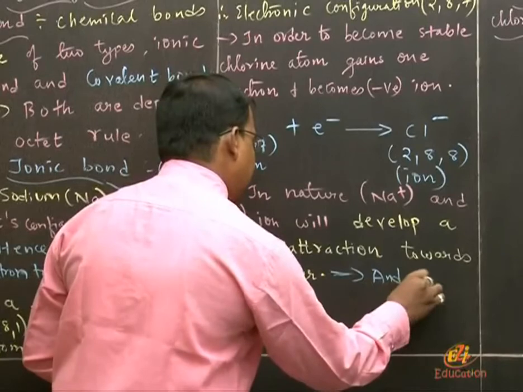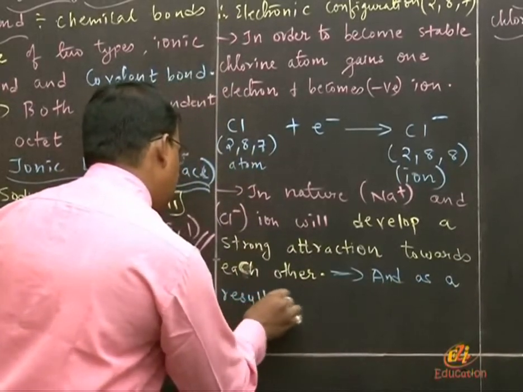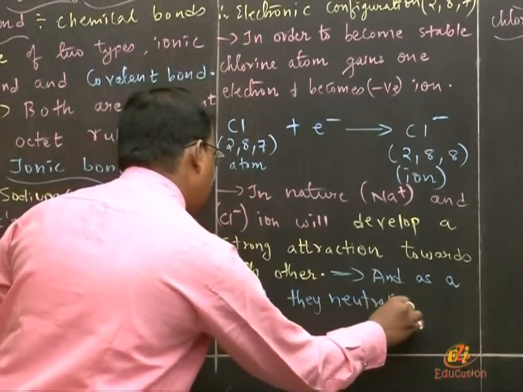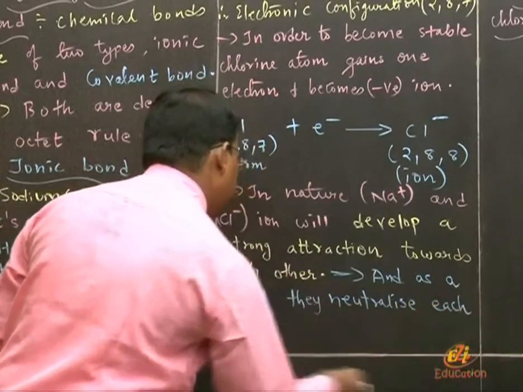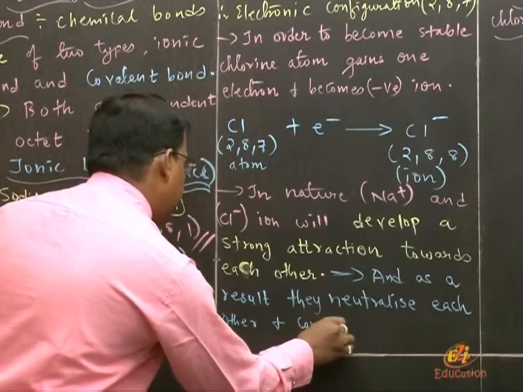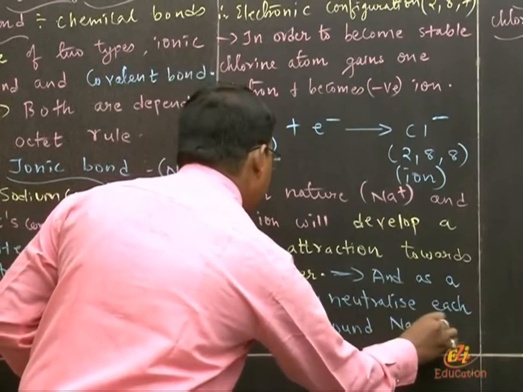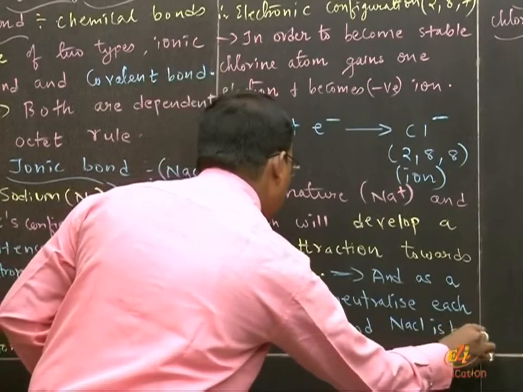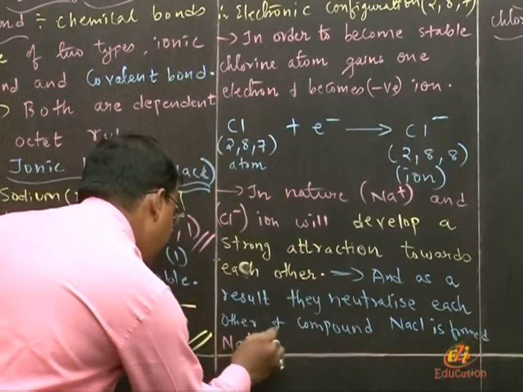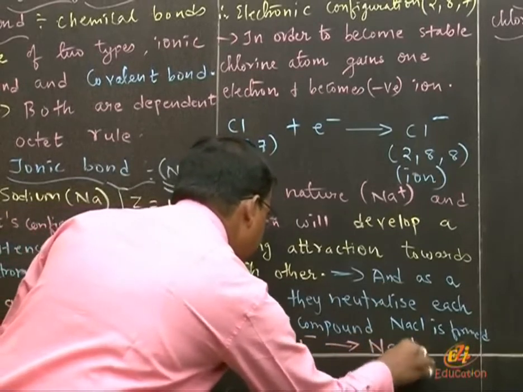And as a result, they neutralize each other and compound NaCl is formed, like Na positive plus Cl negative gives NaCl.